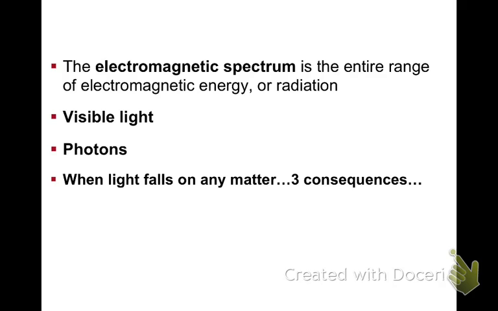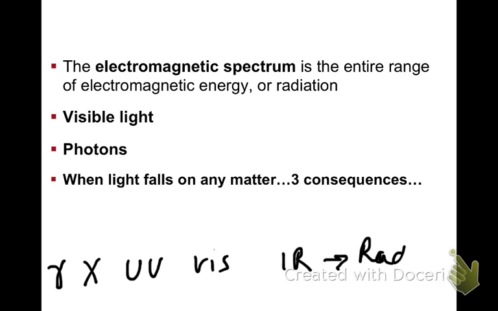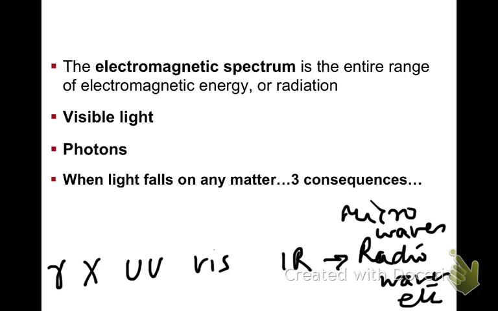It has different parts to it: gamma rays, X-rays, UV rays, then the visible range, then infrared, then you move on to radio waves, microwaves, etc. Okay, we are interested in the visible.